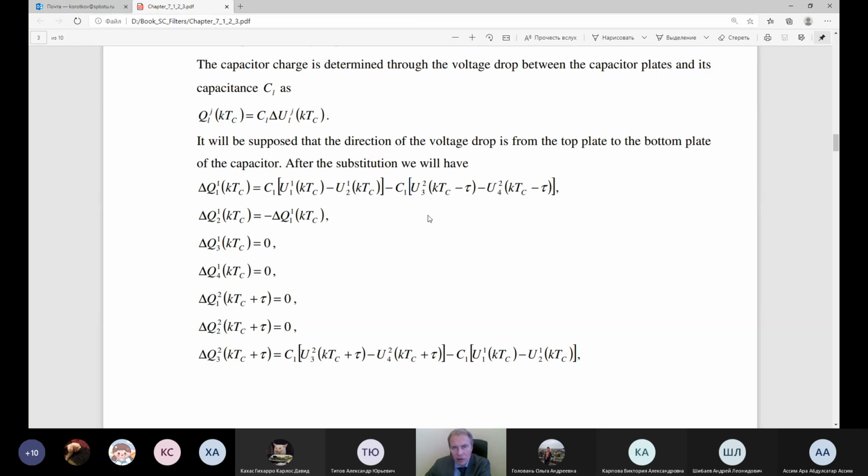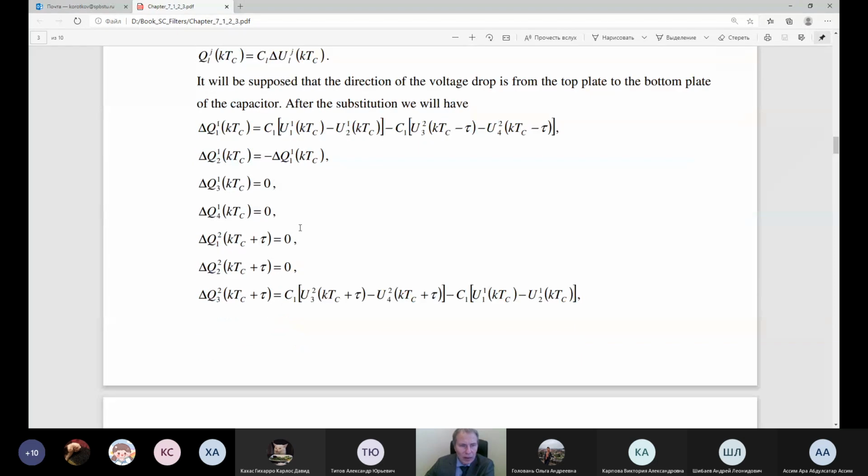In other words, it is the second pair of the nodes. Это вторая пара узлов, видите? So, well, and the second formula will not be changed. Of course, it will be equal to the first one with the minus sign here. С минусом, ну, собственно, знак меняется. Остальное все так же. So, well, the third and the fourth equation are equal to 0.